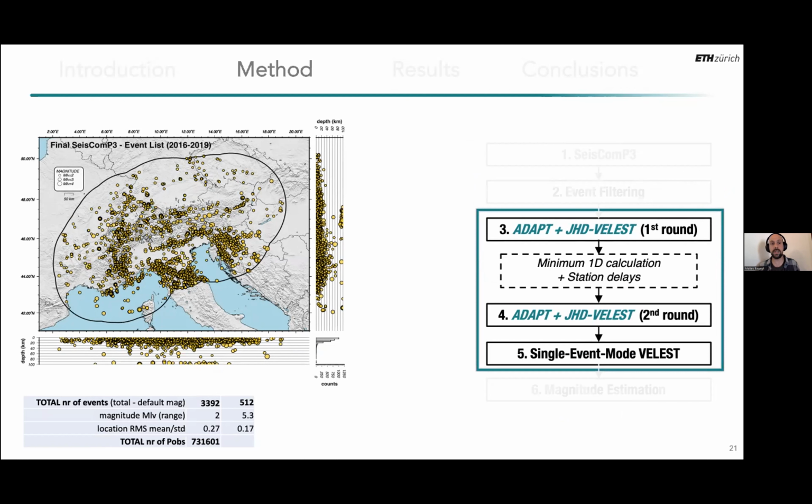And in order to improve this precision, we also needed to calculate the minimum 1D P-wave velocity model and the associated station delays in order to improve this prediction. A final single event mode run with Velest got rid of the lasting outlier observations, plus providing the final absolute location.